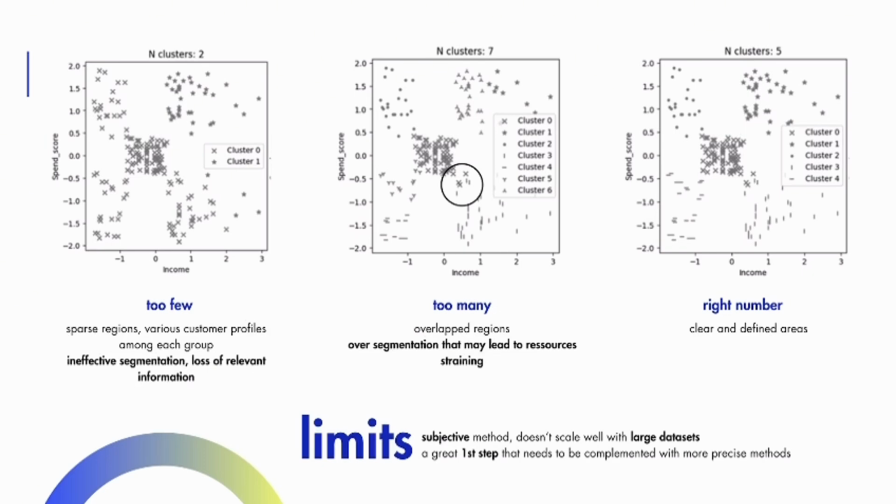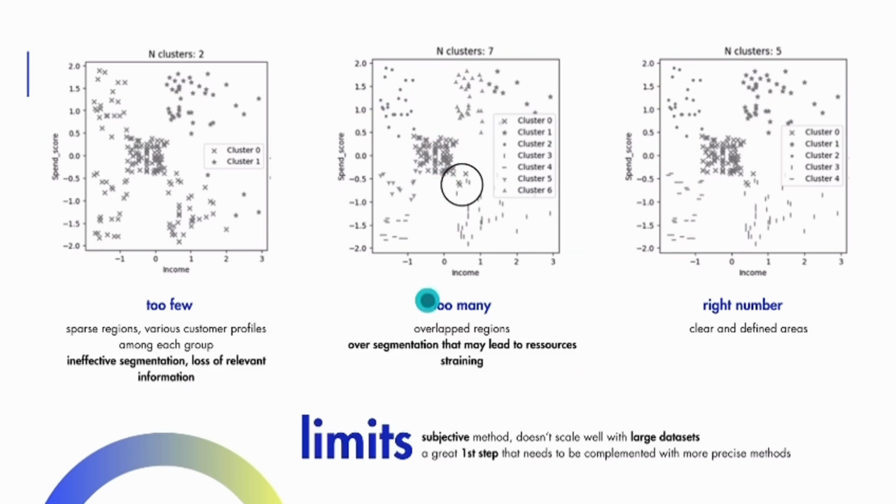Here we selected 3 of them. In the first one, you can see that there are too few clusters, so one here and one here. You can see sparse regions and various customer profiles within each group. This can lead to ineffective segmentation or loss of relevant information.